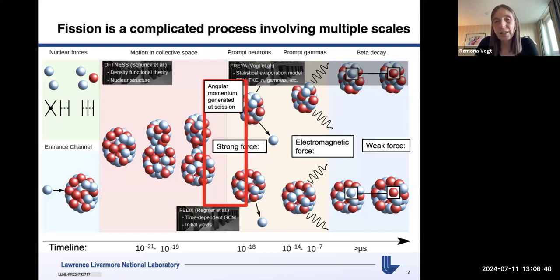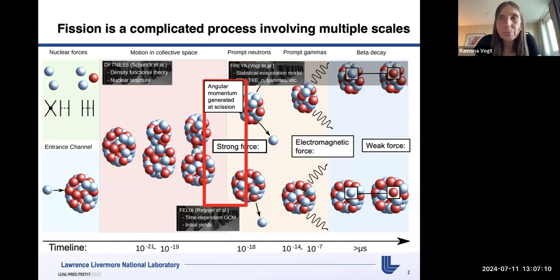So the mass of a proton is around 940 MeV, so nearly 1 GeV. And when the nucleus snaps like this, it has about 200 MeV of energy, and that's about 20% of the mass of the proton.